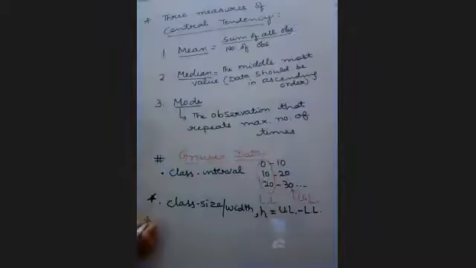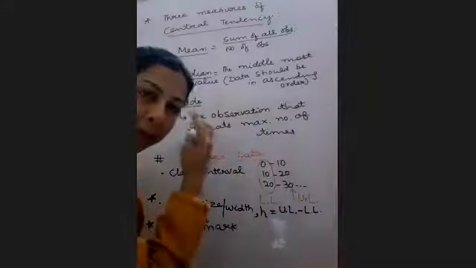Okay. Then the other one which will be used is class mark. I told you yesterday also, beta. M for mark, M for midpoint. Remember like this.